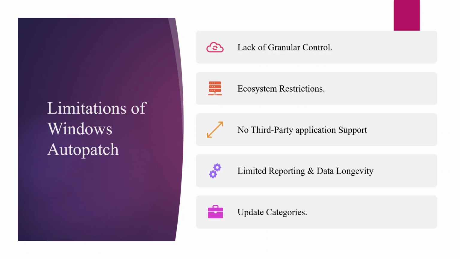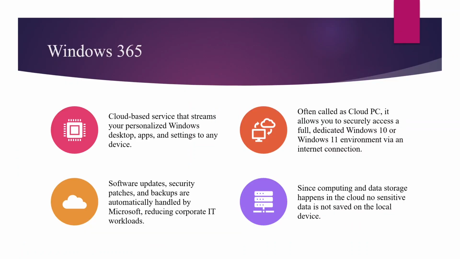The final endpoint family service that is supported with Intune is called Windows 365. Windows 365 is also known as Cloud PC. It allows users to securely access a full Windows 10 or Windows 11 desktop from the cloud through an internet connection.